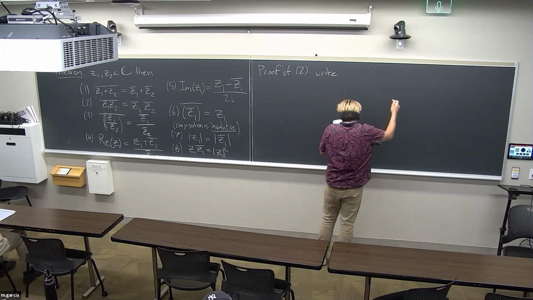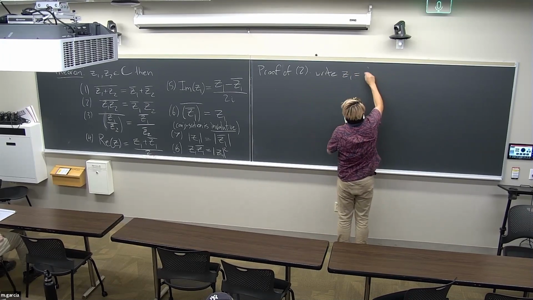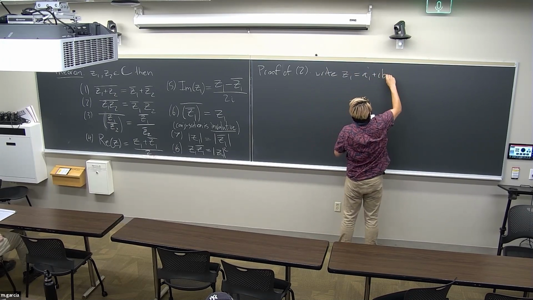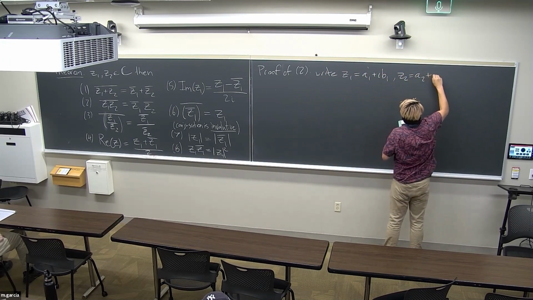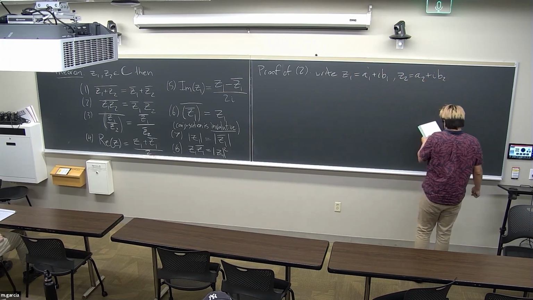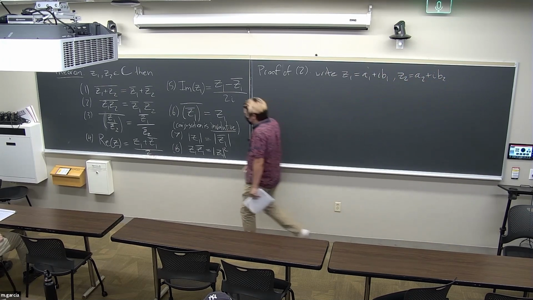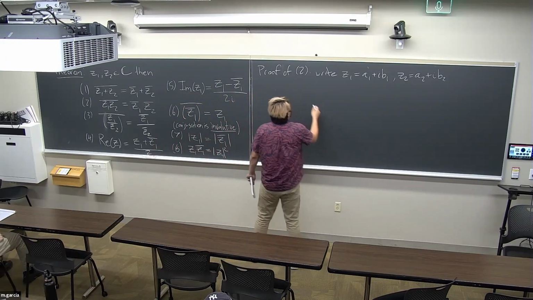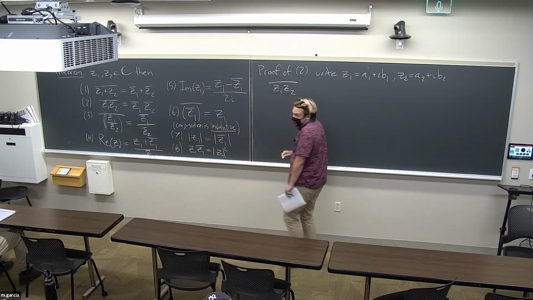Let us write z1 equals a1 plus i times b1, and z2 is equal to a2 plus i times b2. Then we'll just explicitly calculate both sides of this equation. So first, let's multiply z1 and z2 together, and then take the conjugate.